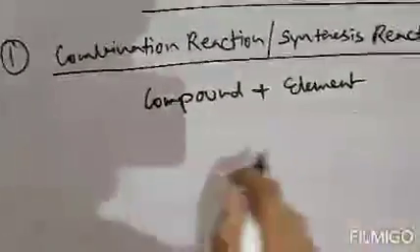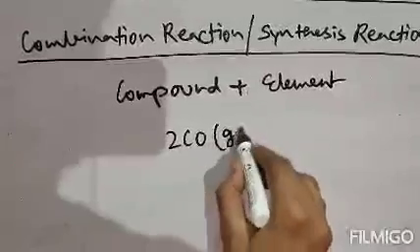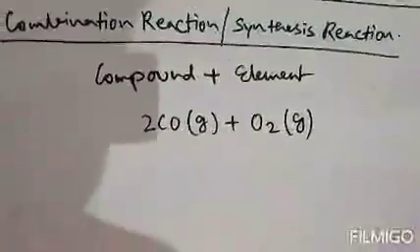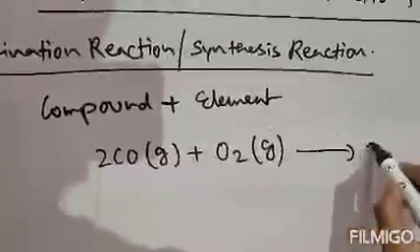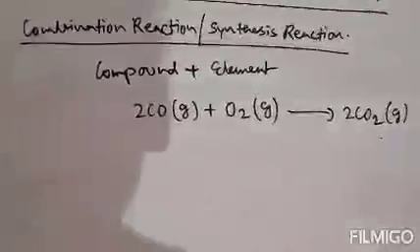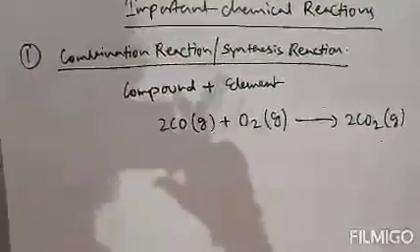Examples are like, suppose carbon monoxide, this is a gas. When it combines with oxygen, it gives the product carbon dioxide. So here carbon monoxide is a compound because there is more than one atom.